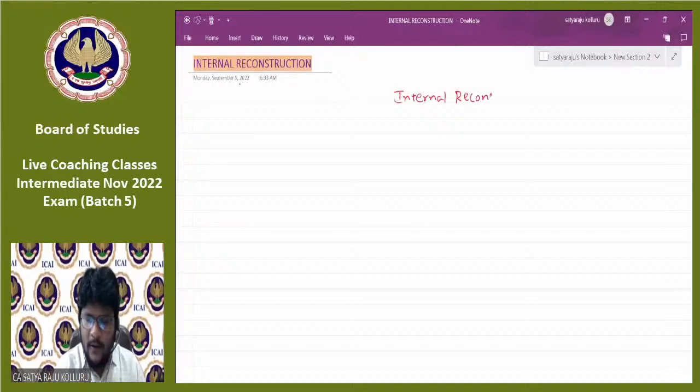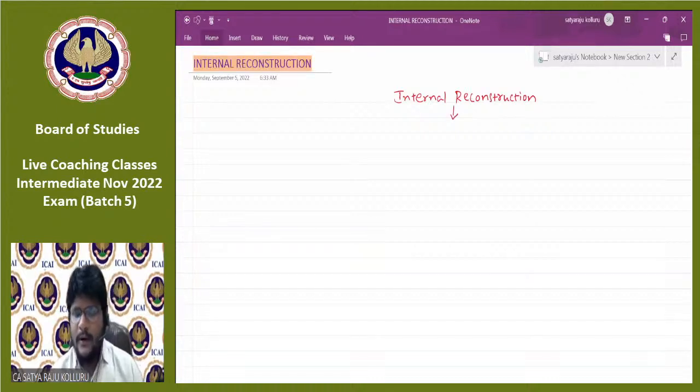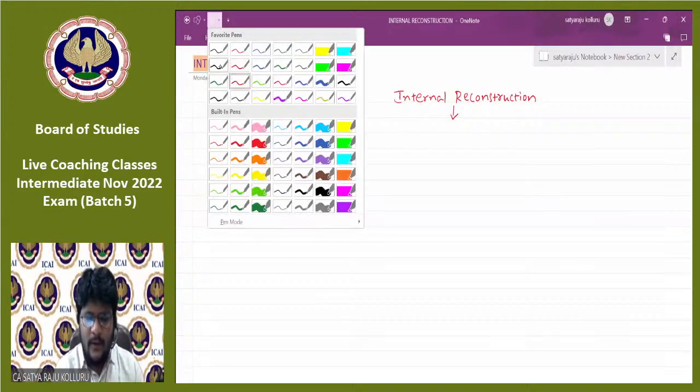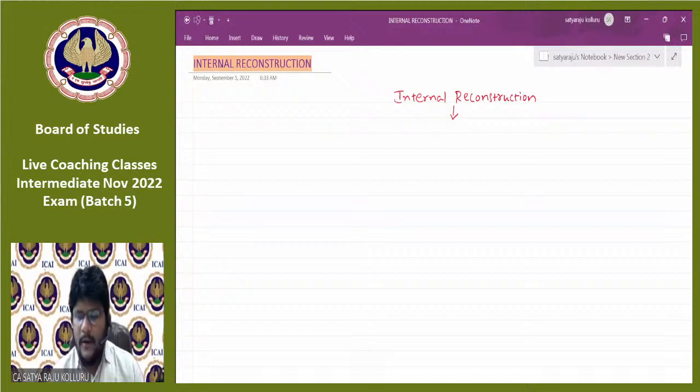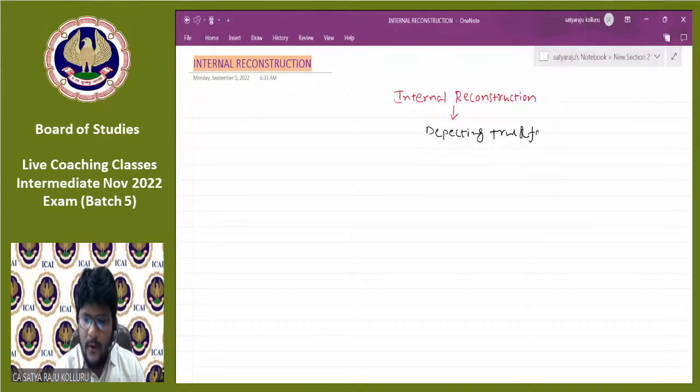So first of all, you already know that when a company is suffering losses over a longer period and its existing financial statements are not depicting a true and fair picture, then such a company may go for internal reconstruction.